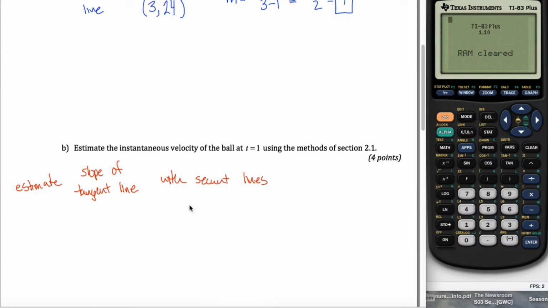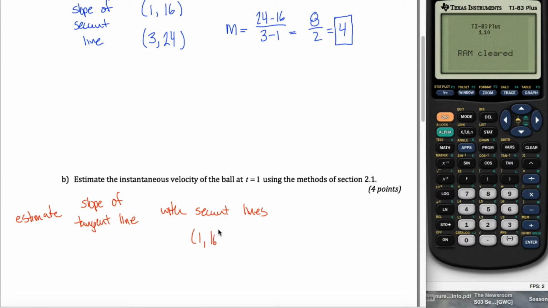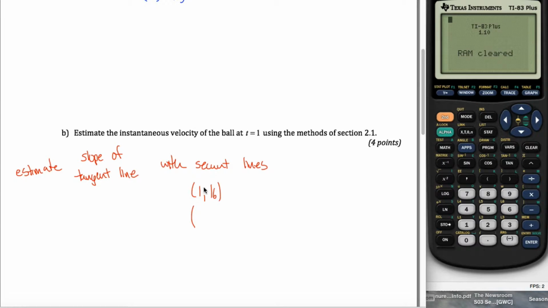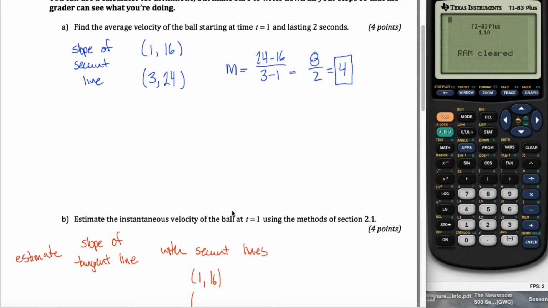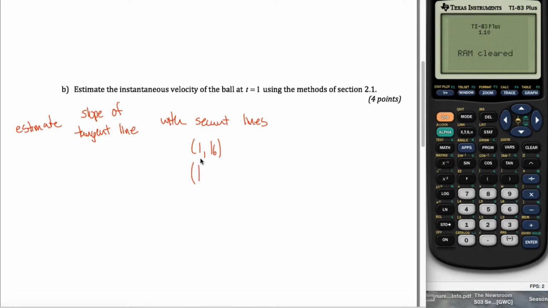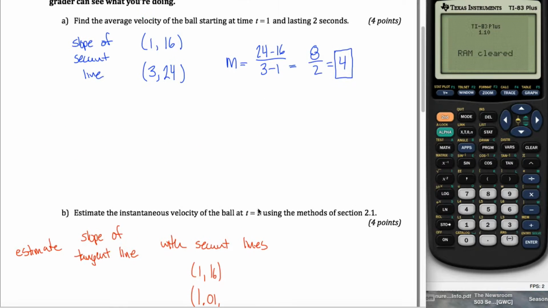So for my first secant line, maybe I'll use the point 1, 16. And for my second point, instead of choosing 3, since that's so far away from 1, I'll choose a value closer to 1, like maybe 1.01. And I can't do that math in my head.